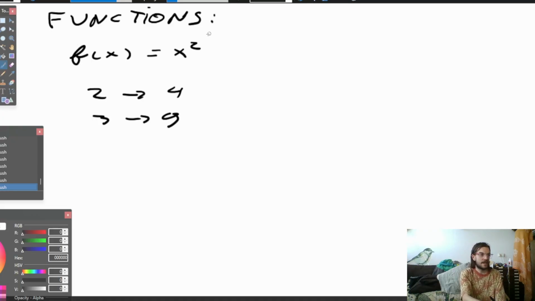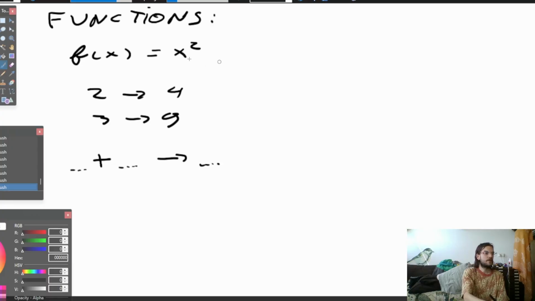So a function in general grabs one or multiple terms and maps it onto another term. For instance, there's also the function multiplication that we saw earlier, or addition I should say. Addition grabs 2 terms and maps it to another term.